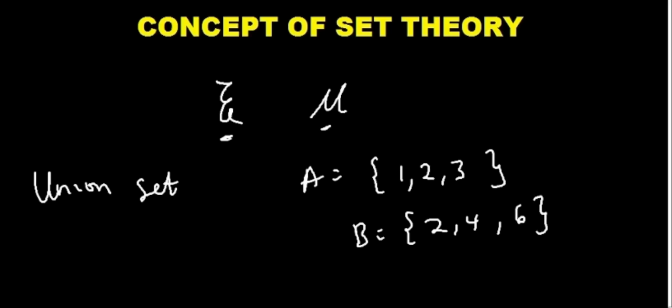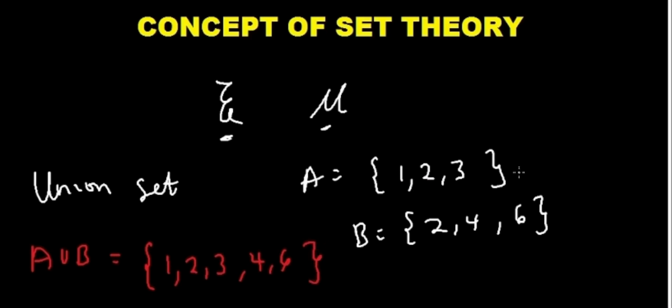And you're asked to find the union, that means A union B. Very simple. That means I'm going to join everything together. I have 1 here, I can put 1 here. I have 2, I have 3, I have 4, and I have 6. So that will be the union of these 2 sets.